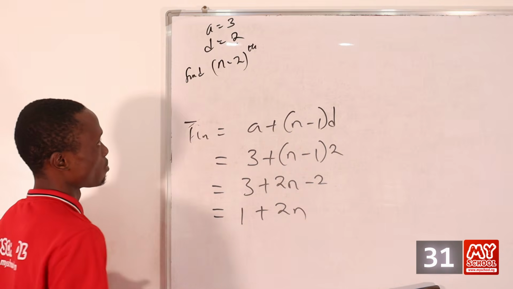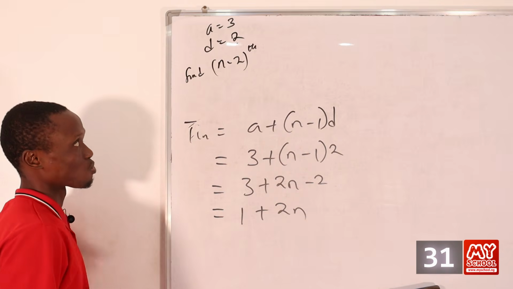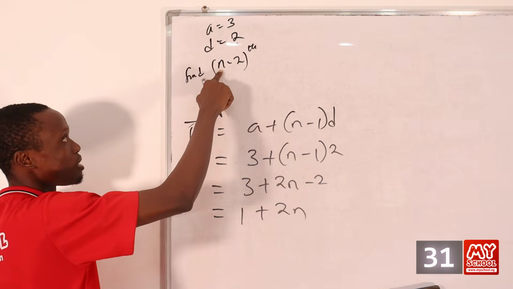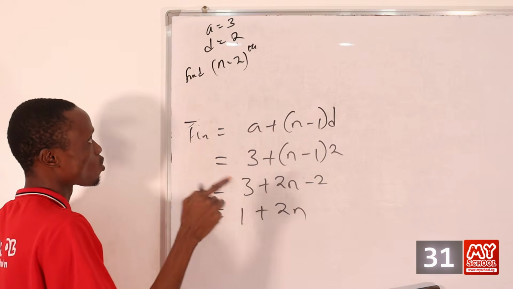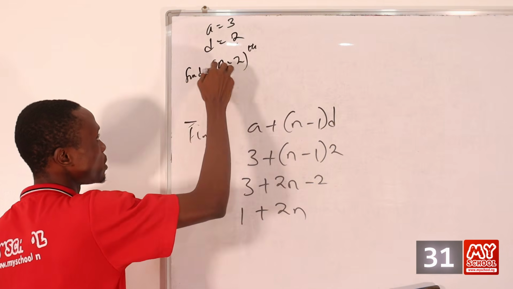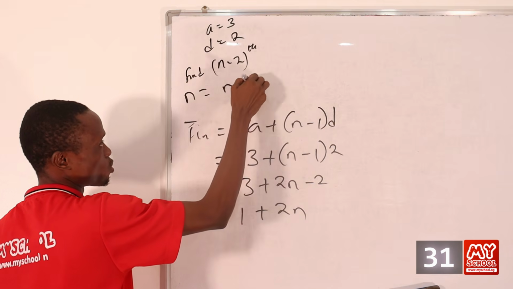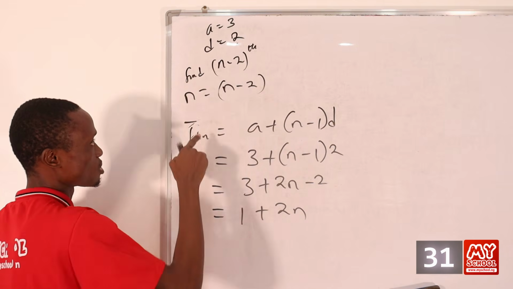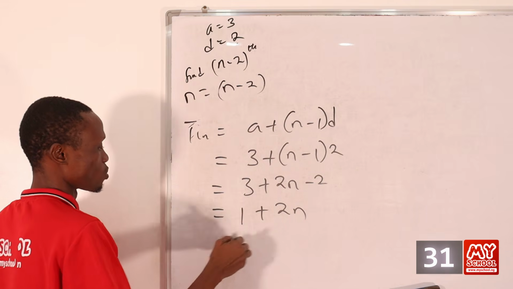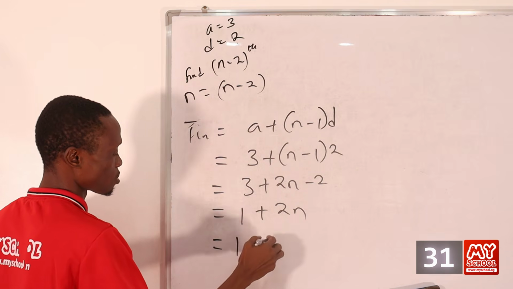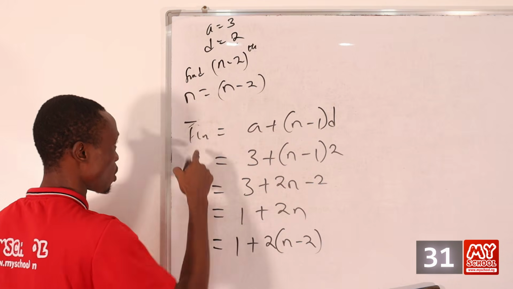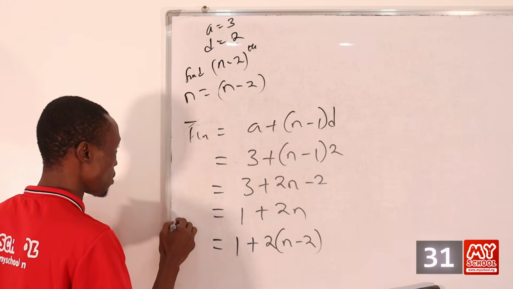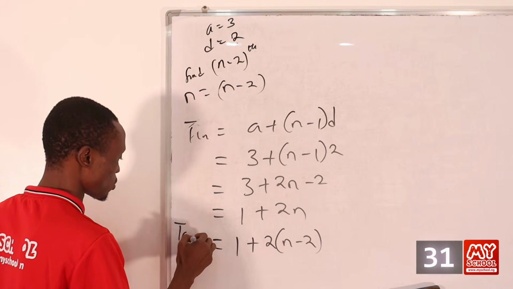But remember, in this question we are asked to find an expression for the n minus 2th term, right? So in this case, they are telling us to replace n with n minus 2, okay? So anywhere we see n, we replace with n minus 2. So here we have 1 plus 2 bracket n minus 2. So we are looking for the nth term, which here we'll write as T of n minus 2, okay?